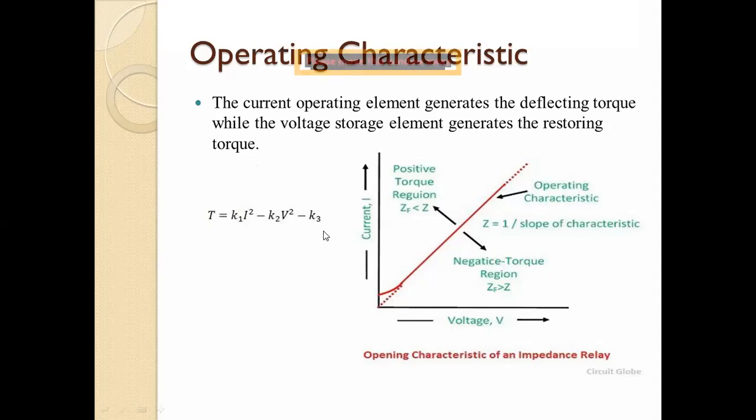This torque is produced, and the torque equation is given by T equals K1 I square minus K2 V square minus K3. This K3 is used for the spring tension.